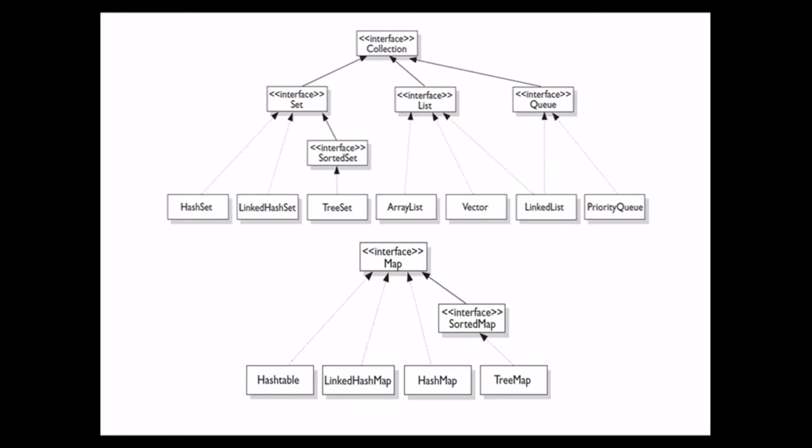This is just an introduction video. We will be covering more details on each of these categories in detail. This is just for your understanding and to understand the entire ecosystem of these collections. ArrayList, LinkedList and Vector are classes implementing the list interface.